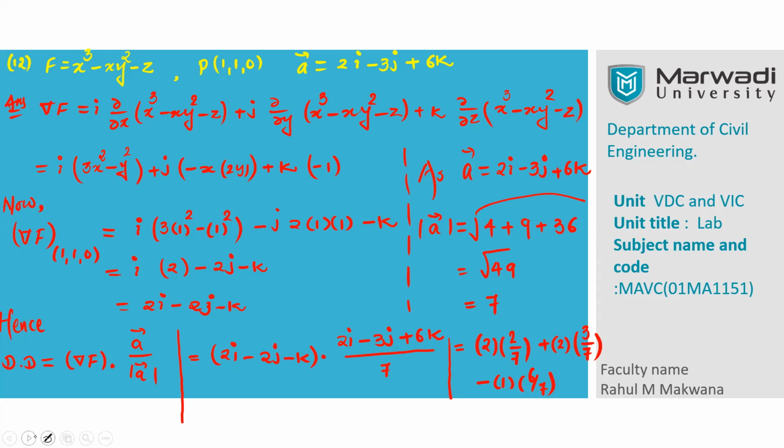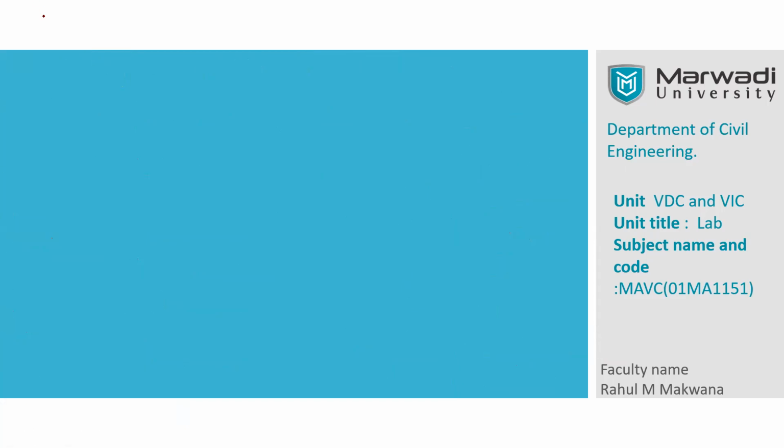Okay, let us see 13 number. The function g of x, y, and z is equal to 3 e raised to x cos yz.